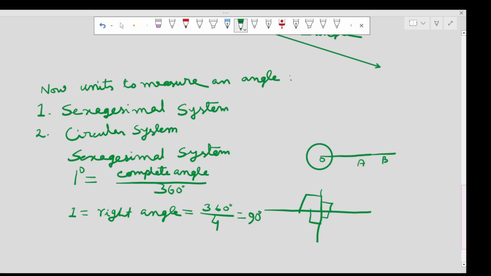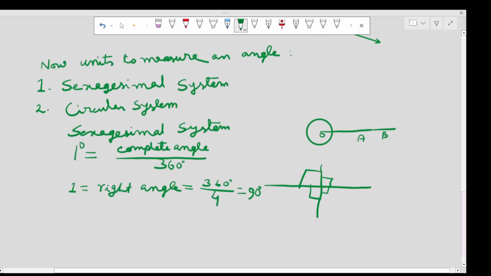Now there are more divisions made by mathematicians or scientists. I am writing this. See, one right angle is equal to 90 degree.